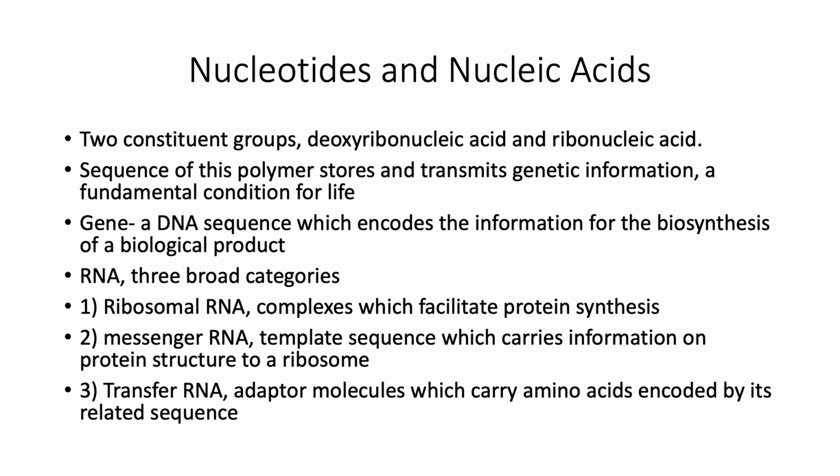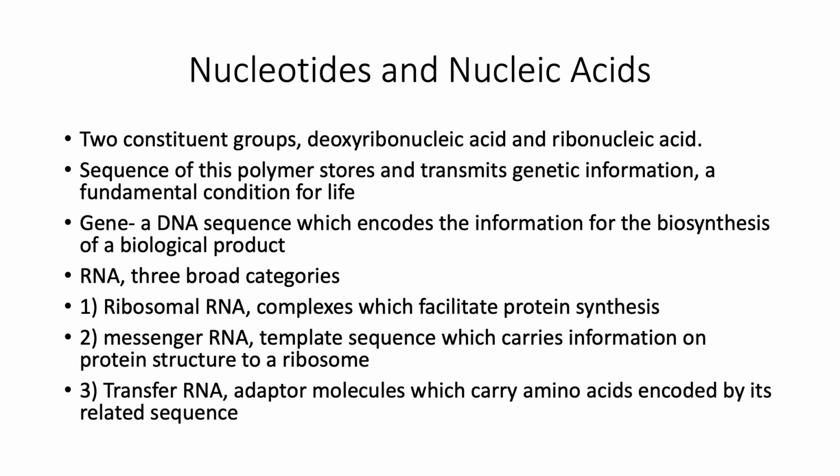The difference is the presence of a proton versus a hydroxyl group on the ribose connecting moiety. We talk about nucleic acids as the polymer of nucleotides, the nucleotides being the individual constituents.